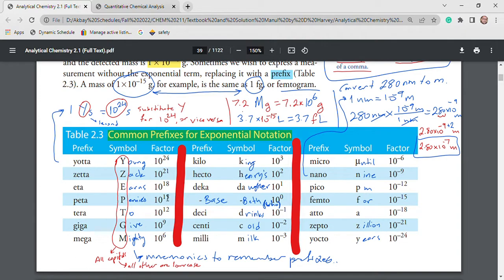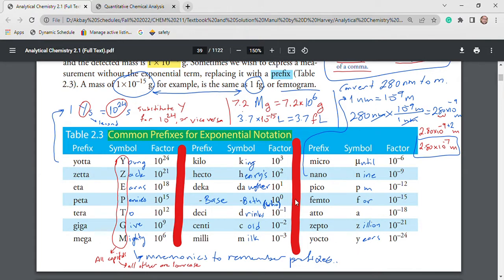One way of memorizing or keeping these prefixes in mind is mnemonics. So here we have one: Young Zach earns pennies to give mighty King Henry's daughter Beth, who drinks cold milk until 9 p.m. for a zillion years.